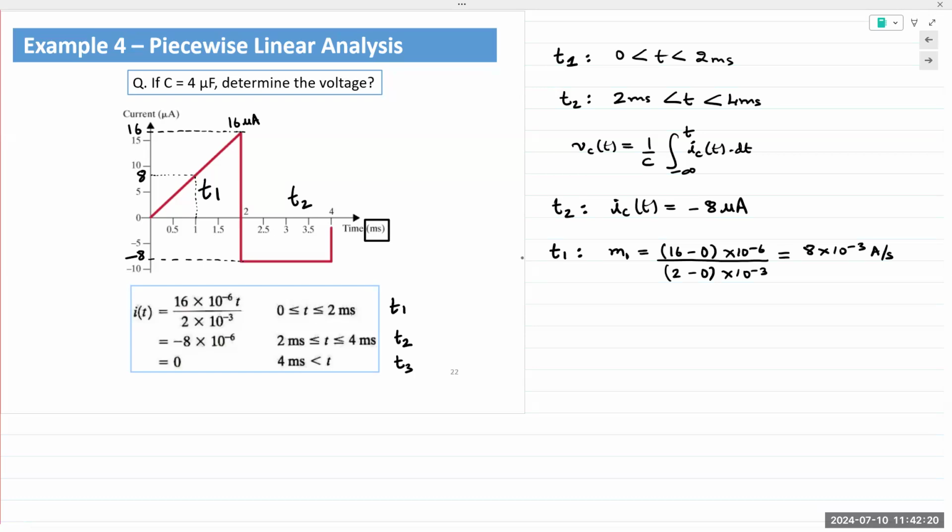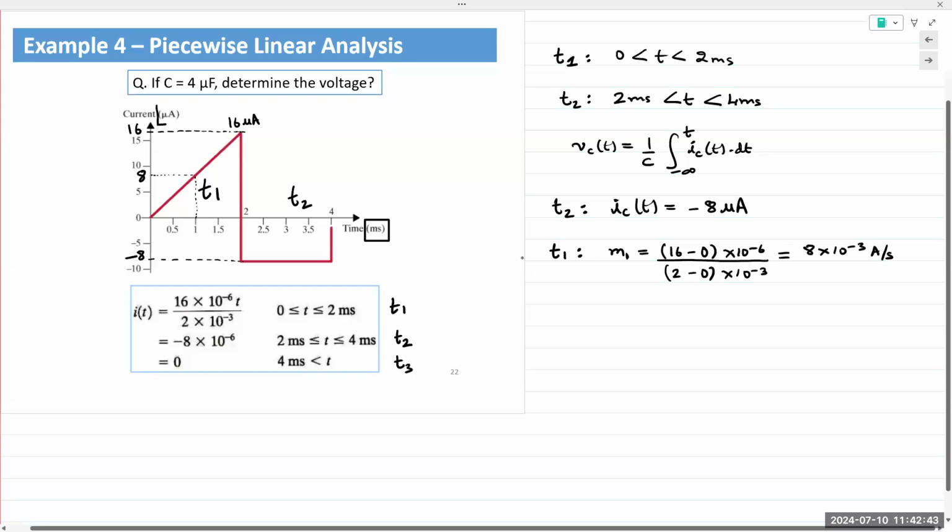This is where companies like to point out, we always look for candidates who pay attention to details. And that is one of the things I like to point out during my classes. There is crucial, important information that is hidden inside this figure. Well, not hidden, but we have to look at every single thing. So microamps and milliseconds is kind of important.